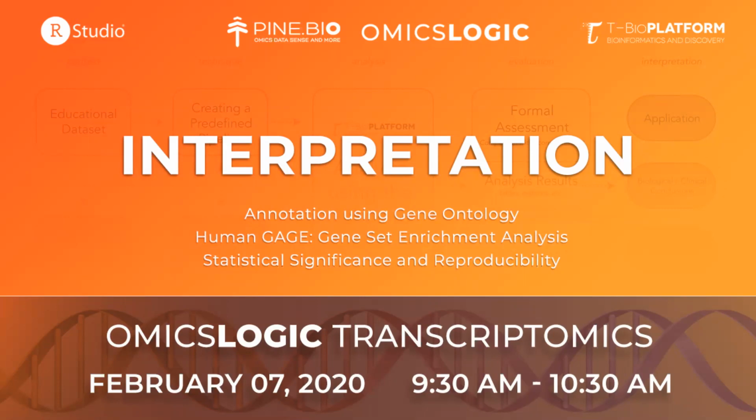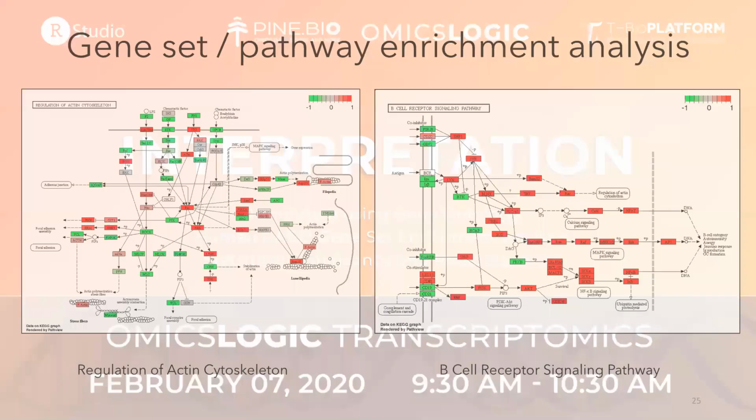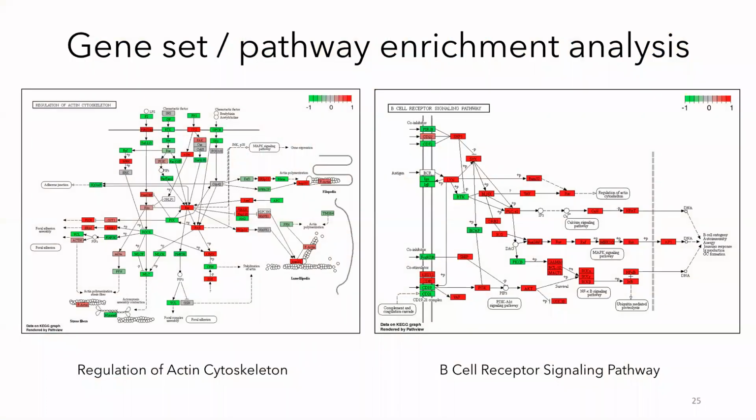The genes encode for protein, so we have to look at gene ontologies, as well as pathway analysis, and also how the statistical significance of pathway enrichment can help us identify not only statistically significant biomarkers, but also biologically meaningful biomarkers.